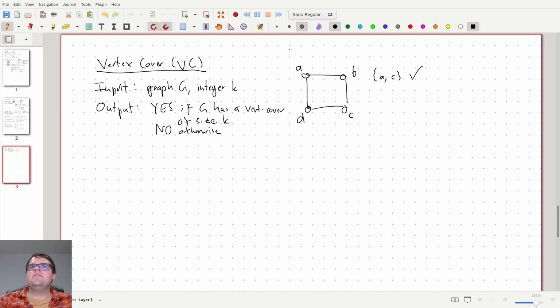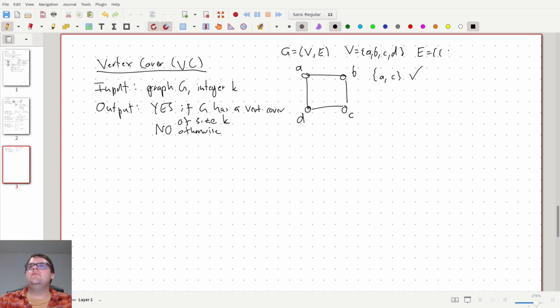So how do we represent a graph? Graph G is a pair, the set of vertices and set of edges. So in this case, the set of vertices would be A, B, C, D, right? Those are the nodes of the graph. And then the set of edges would be, well, you take pairs of nodes and put them in a set.